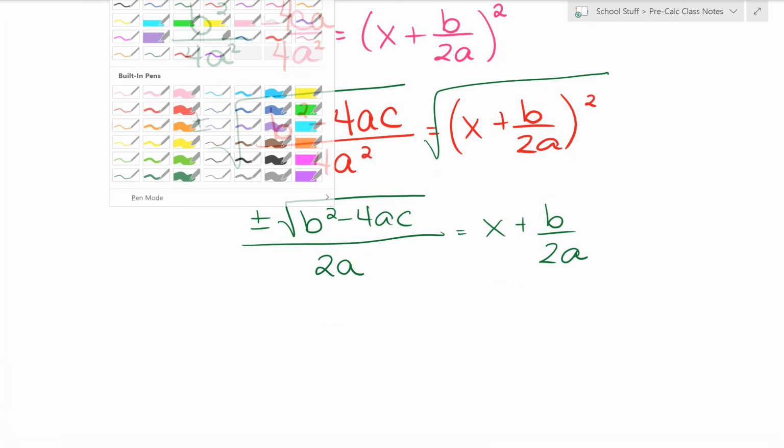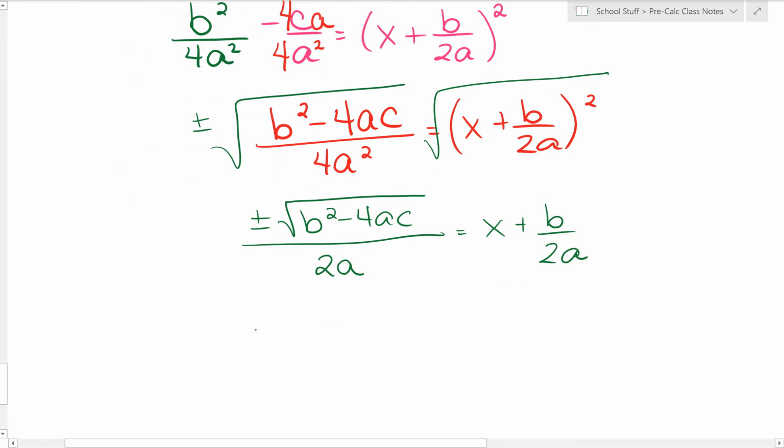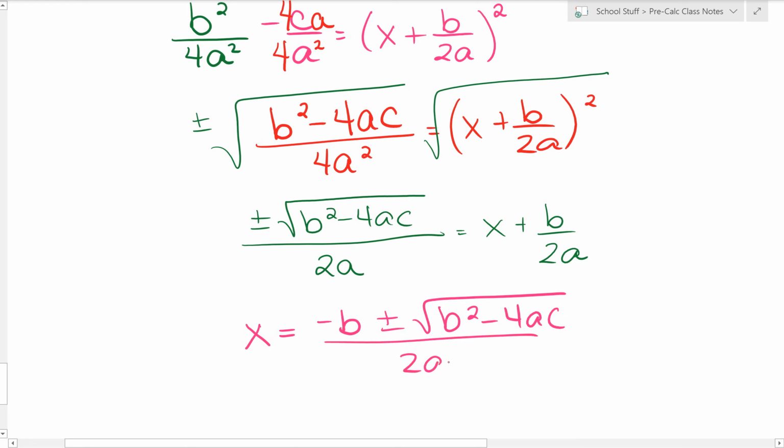And then, maybe you see it, I love this, I end up with x is equal to, I'm going to subtract that, so negative b plus or minus square root b squared minus 4ac all over 2a.